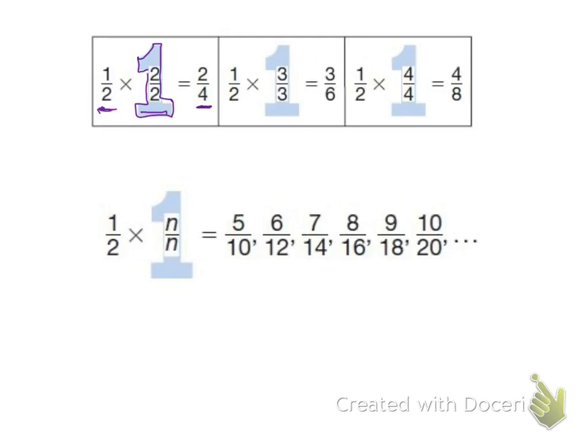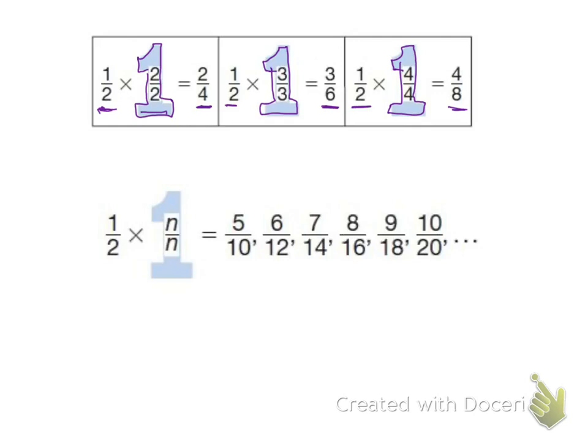Okay, 1/2 times 3/3 is equal to 3/6. And you can see that since 3/3 equals 1, 3/6 is the same as 1/2. And then 1/2 times 4/4 equals 4/8. And again, because 4/4 is equal to 1, 4/8 is the same as 1/2.